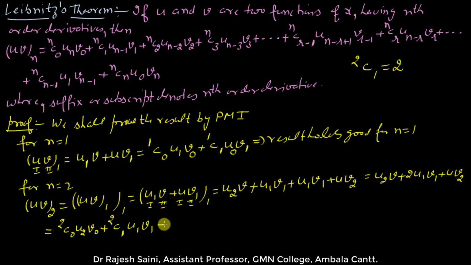Plus 2c2 u_0 v_2. So here result is holding good for n is equal to 2, implies result holds good for n is equal to 2.